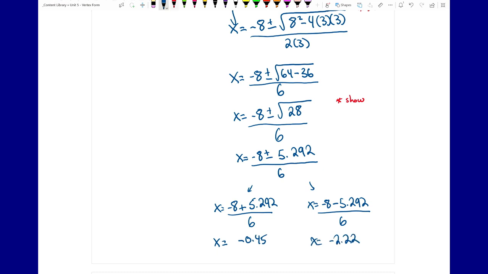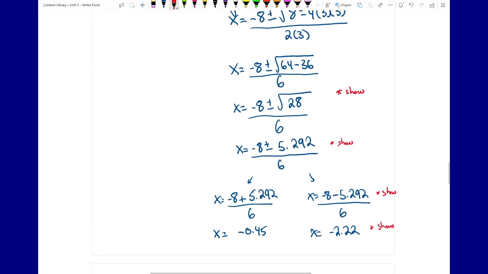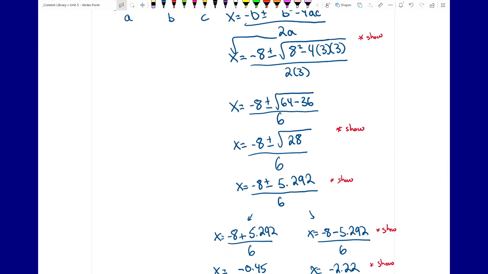So again, if you're showing things, I would need to see all of this. So basically every kind of line that we see down here, that's what you would need to show. So there's only really one kind of small step that you can skip. But again, you don't have to show every in-between calculation.